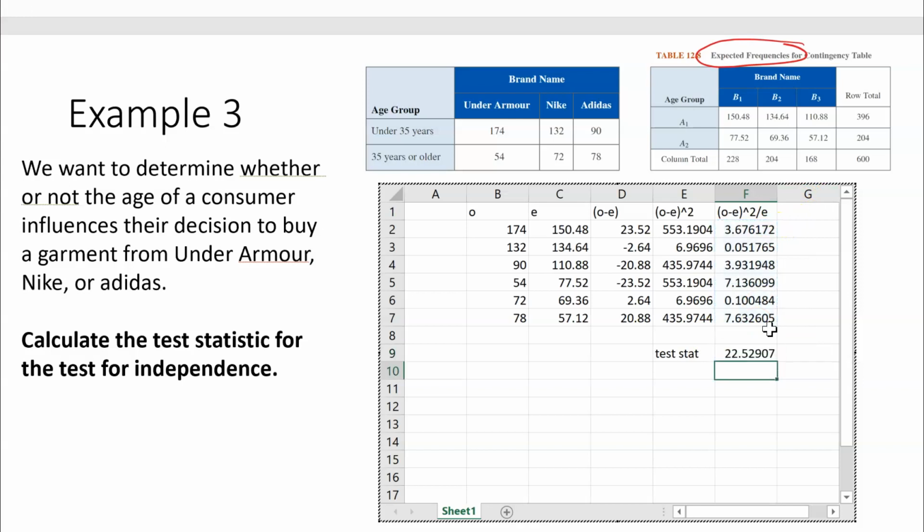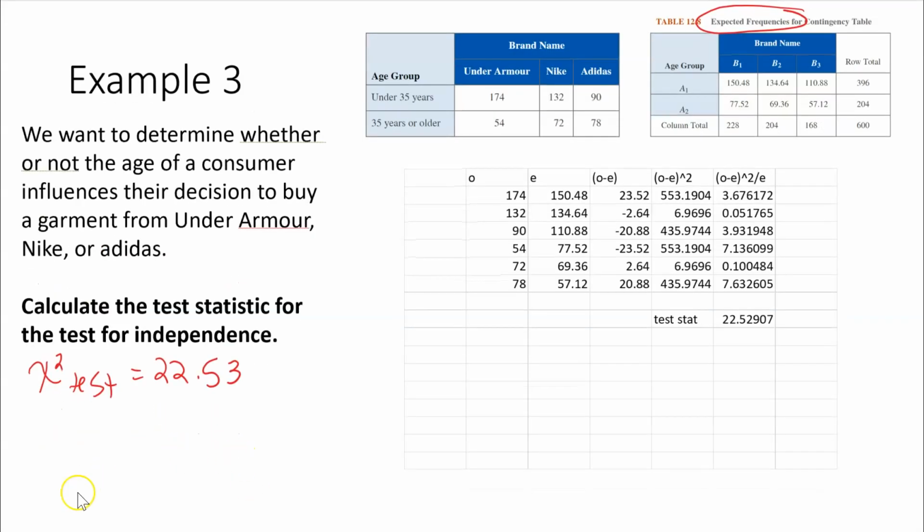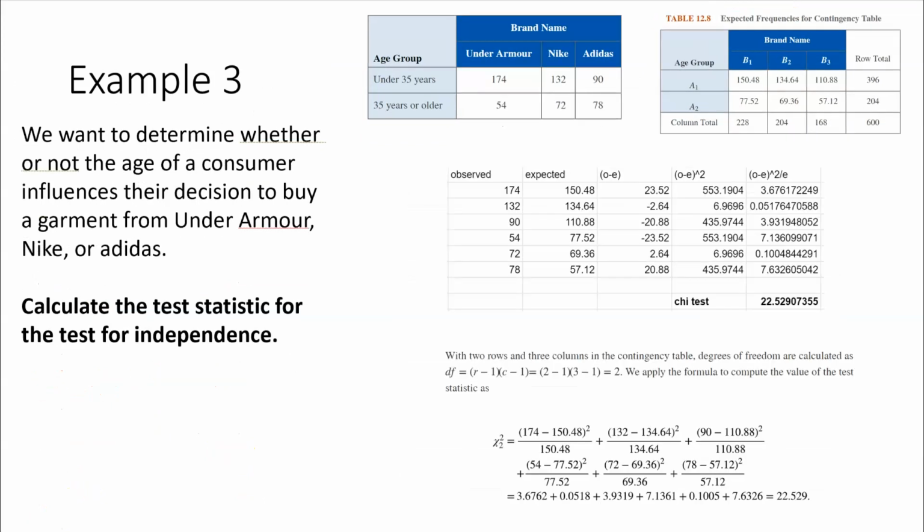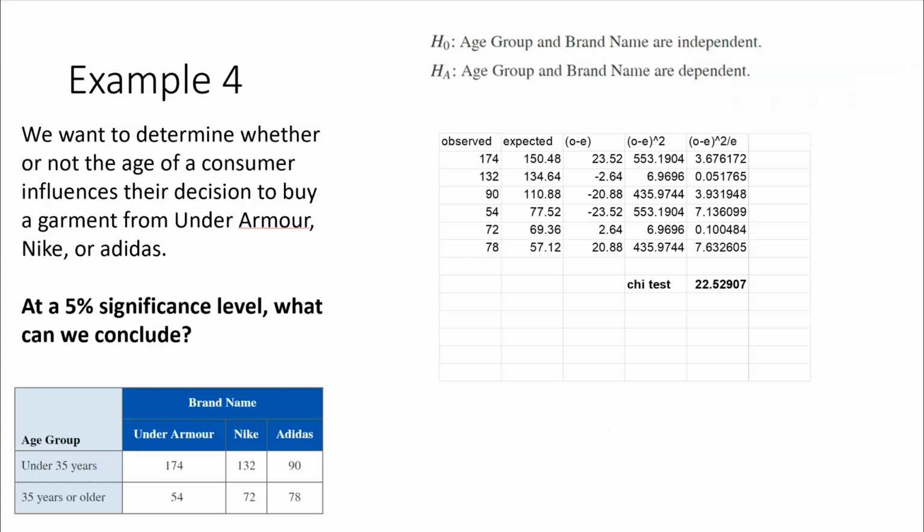Our test statistic here is equal to 22.53. So that is how we calculate our test statistic. And if you want to see it all laid out, there you go.